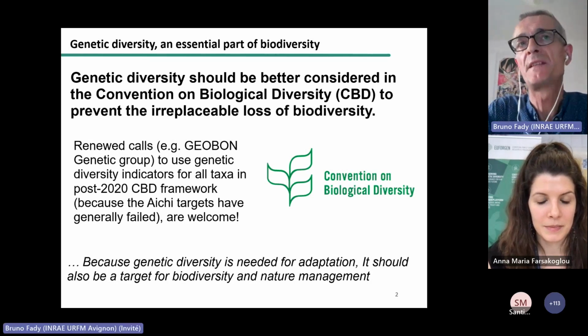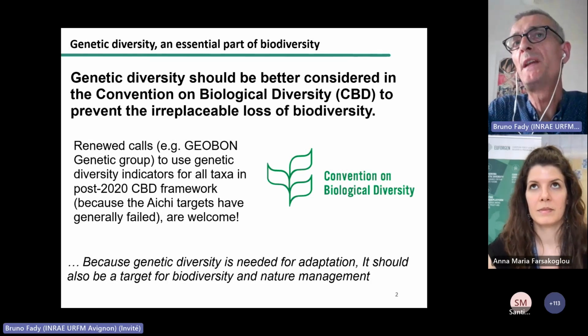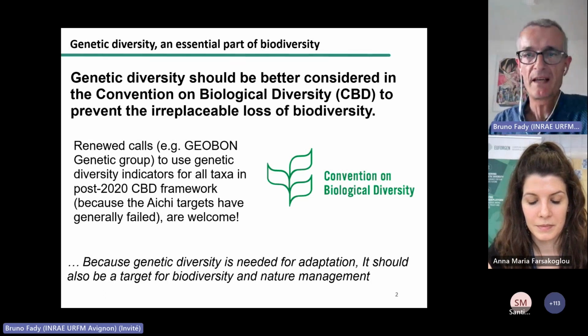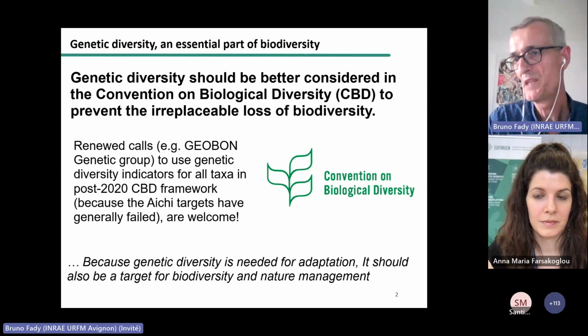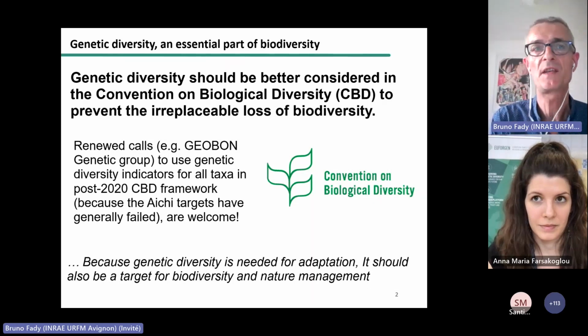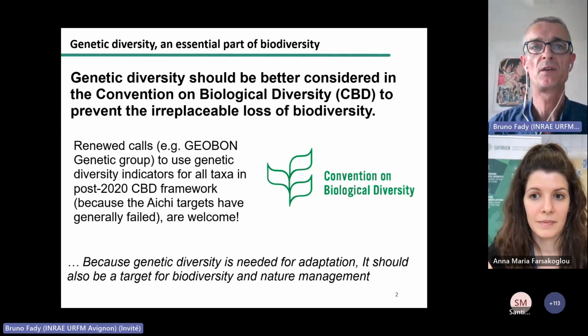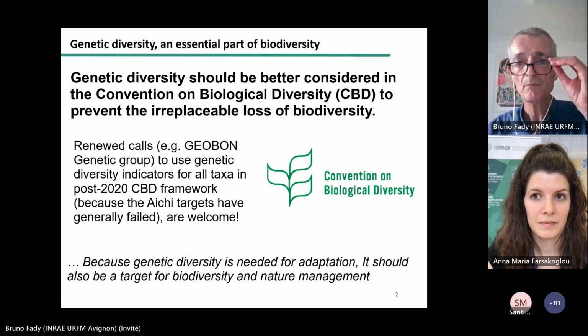There have been renewed calls to say that we actually do need better indicators, because genetic diversity is needed for adaptation. We should not just count species, we should not just count habitats, but genetic diversity should be considered. It should also be a target for biodiversity and nature management.